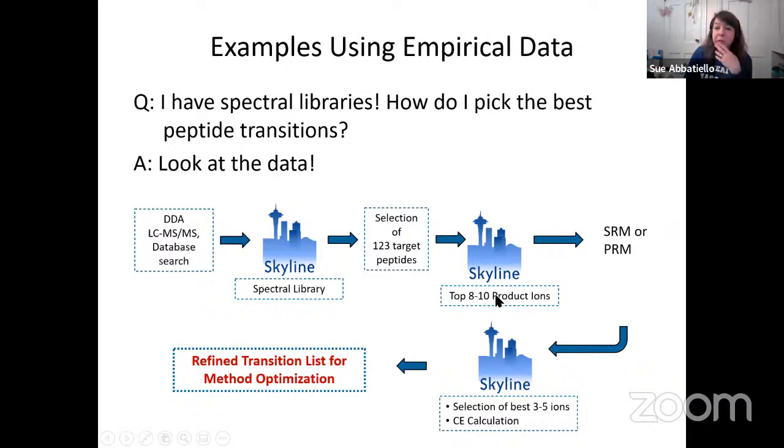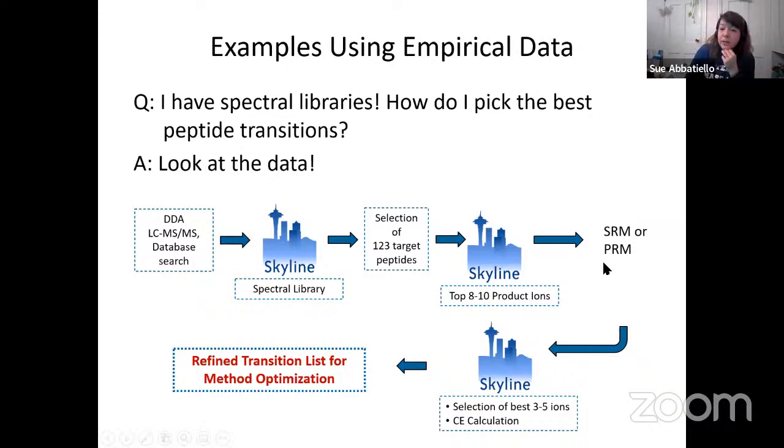For people using triple quads or SRM, we often want to take the total number of fragment ions and narrow it down to the 3 or 5 most intense that may not be interfered with. This requires a little method development, but once those are set, they're pretty good.